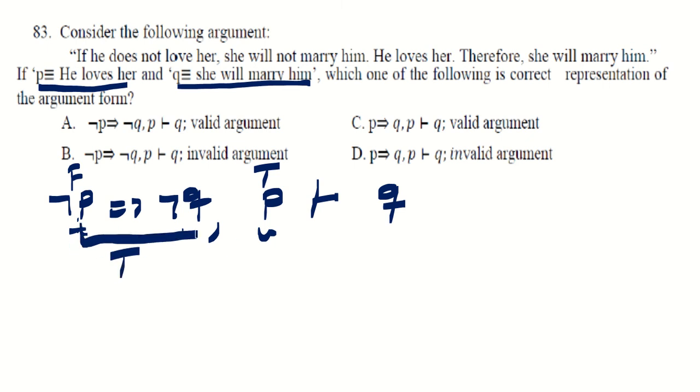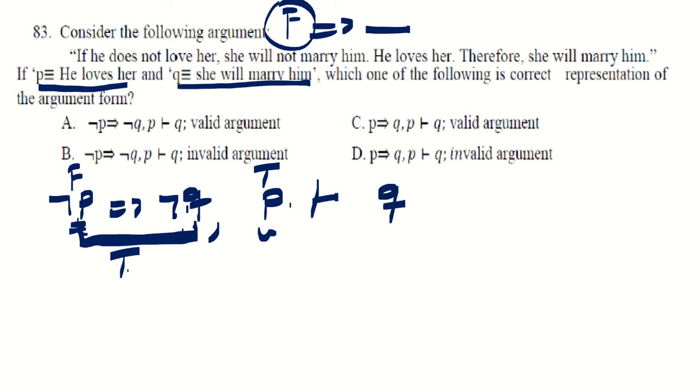As a premise, it is always taken as true. Since P is true, negation P is false, so in case of implication, when the premise part is false, the conclusion part is free. Negation Q can be true or false.